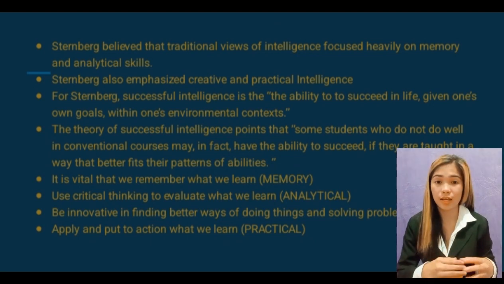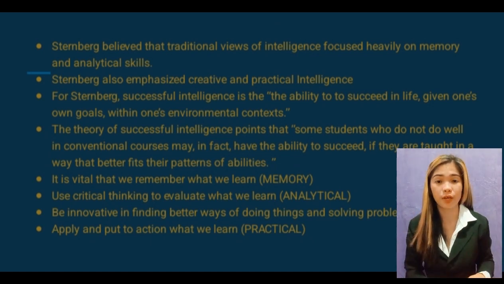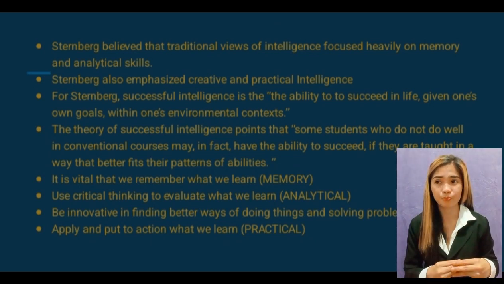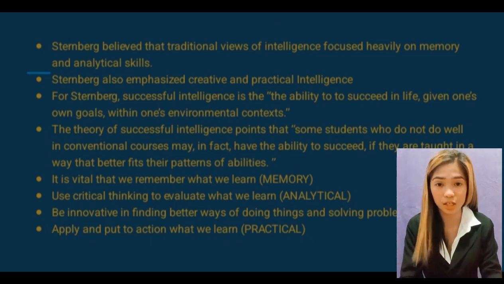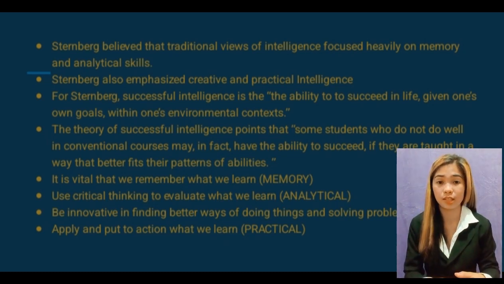We can consider a person successful if he perfectly unites all of these four skills and puts all of them together into action. And I think that is the purpose of this successful intelligence theory.